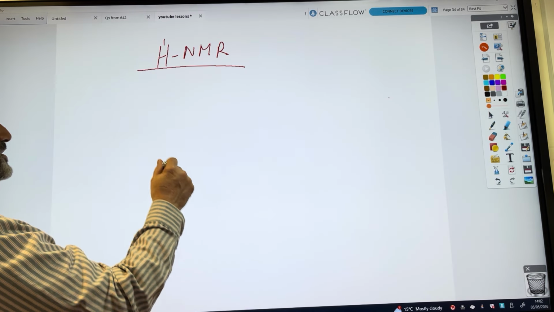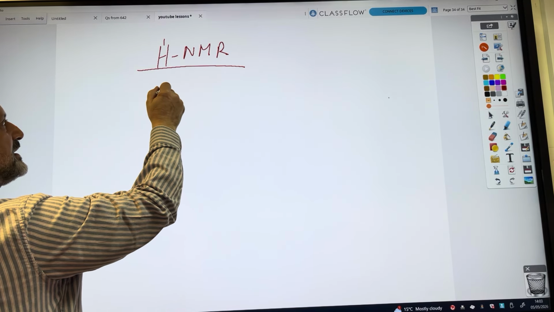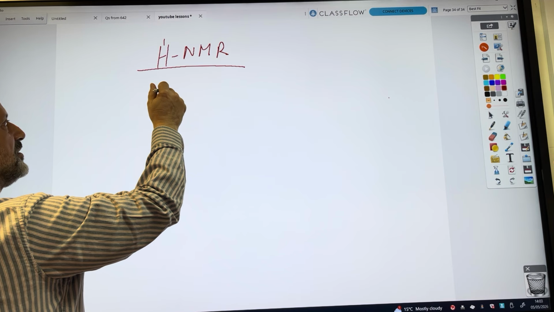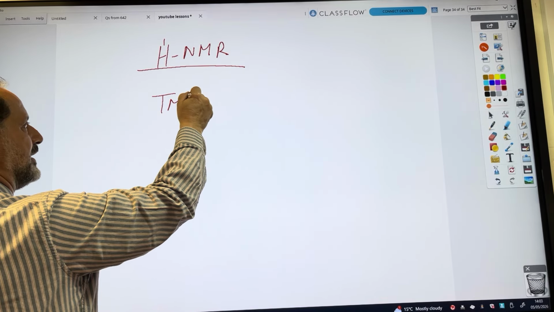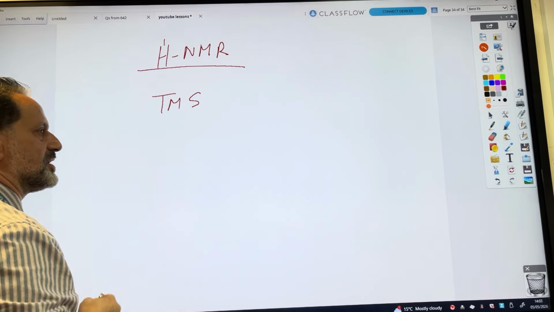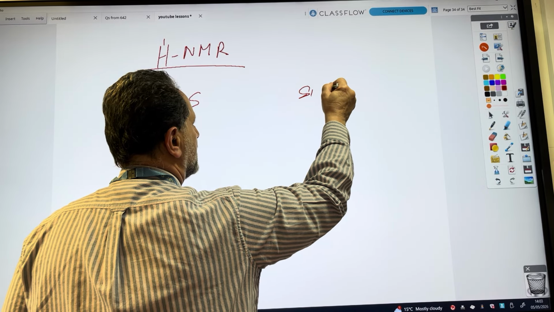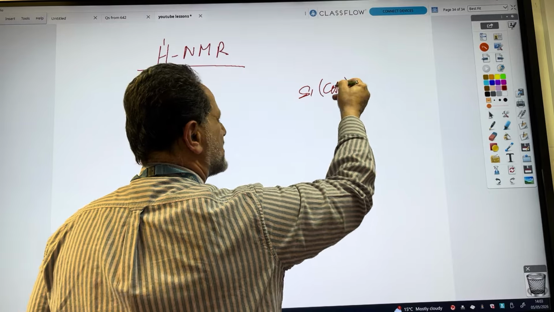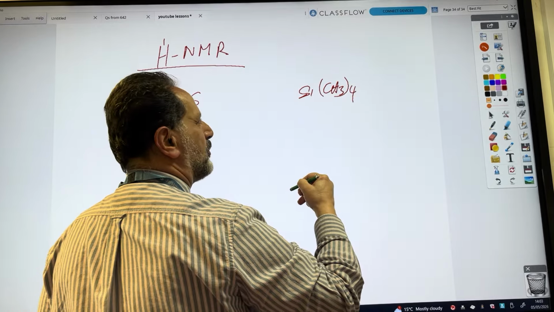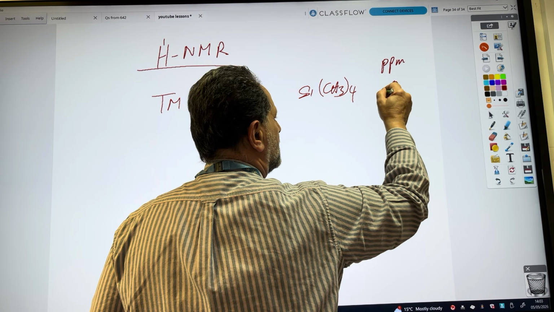One of them is that for standardization or internal standard, remember you need to use tetramethyl silane. Tetramethyl silane, which is this thing, silicon with CH3 4 times, has 12 identical protons that appear at ppm 0.